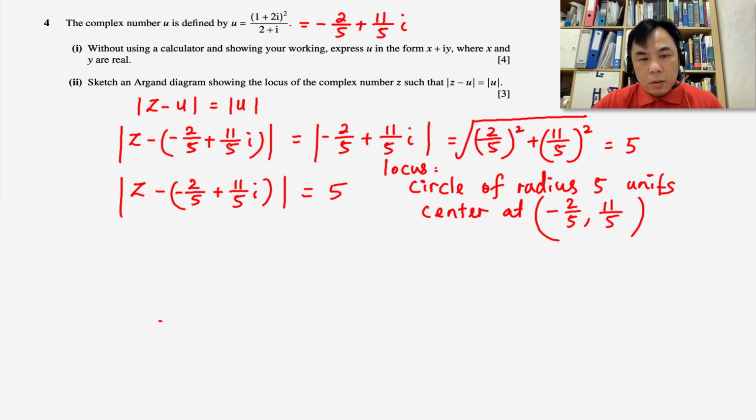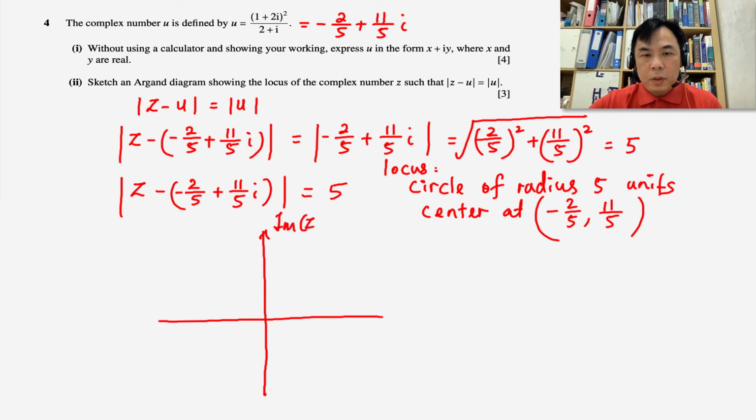So I'm going to roughly sketch here. This is not a very accurate scale here. Imaginary axis and then the real axis. Now it's a negative 0.4 unit to the left, and then 2.2 units up here. So somewhere here, this is the center. I just roughly represent this as negative 2 over 5. This part here is 11 over 5 here.